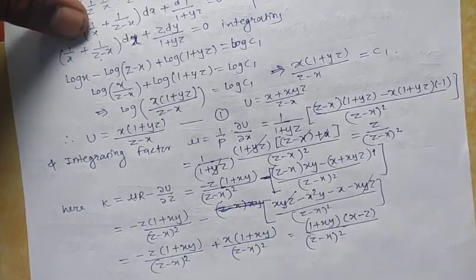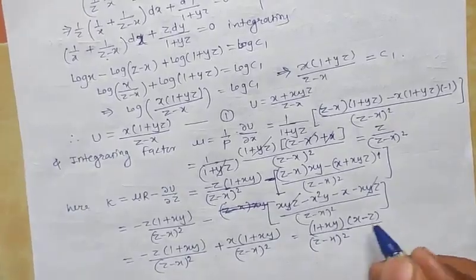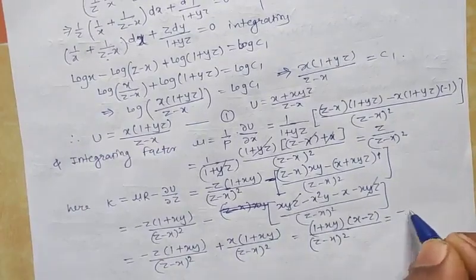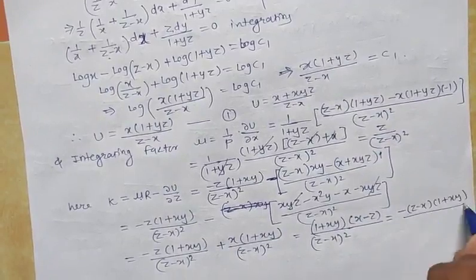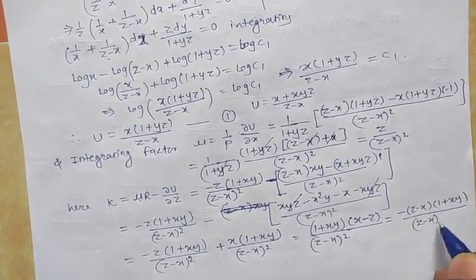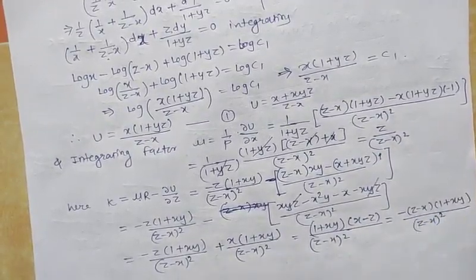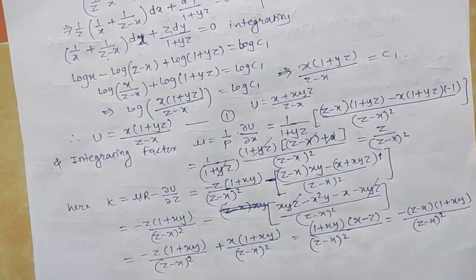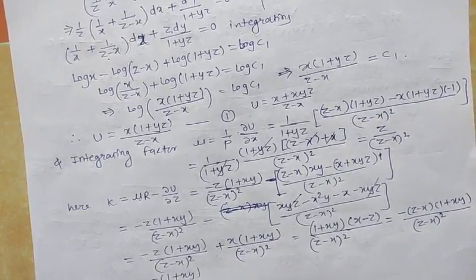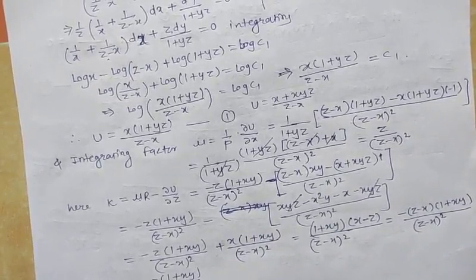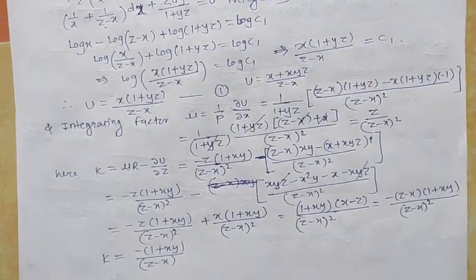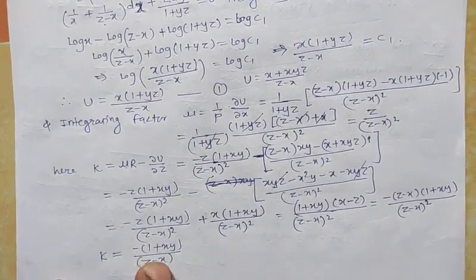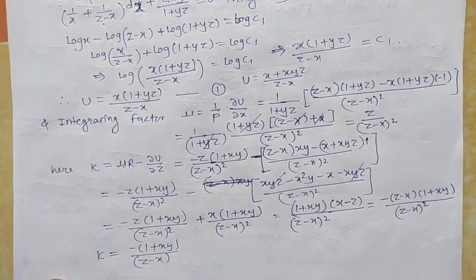Taking the minus sign outside, here we get minus (z minus x) into 1 plus xy upon (z minus x) square. So z minus x gets cancelled, and we get minus (1 plus xy) upon (z minus x). So this is the value of k. Okay, so the value of k is minus (1 plus xy) upon (z minus x).